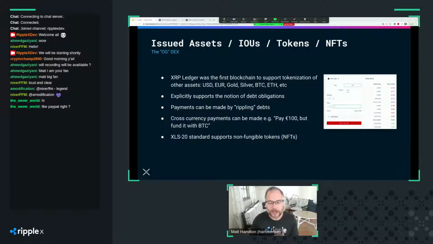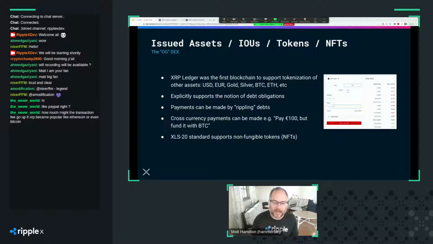And what's really cool is that the XRP Ledger will actually do a thing called pathfinding to find the best way to make that payment. So I want to pay somebody euros and I've got Bitcoin. Actually, what might happen is that Bitcoin gets traded to US dollars, the US dollars get traded to XRP, and the XRP gets traded to euros, right?